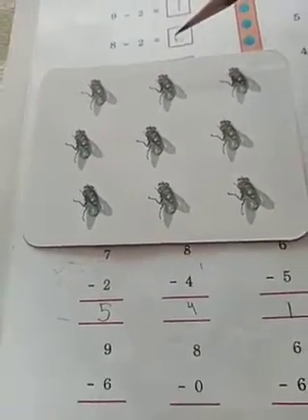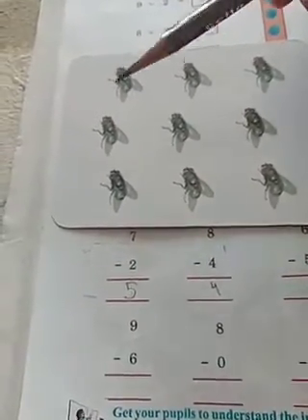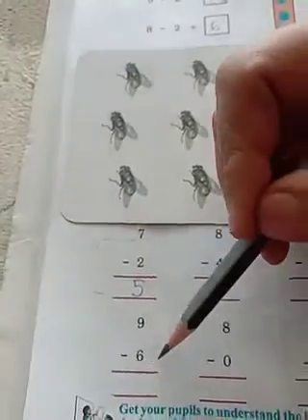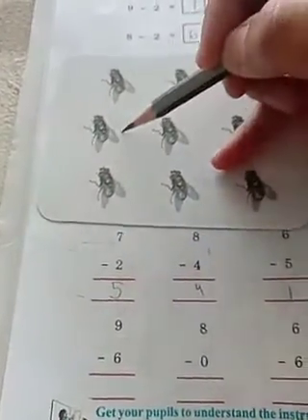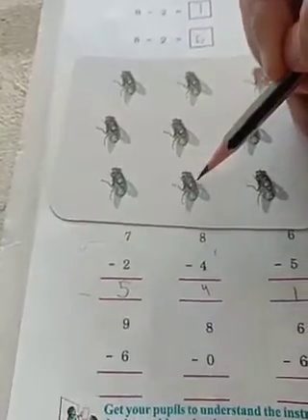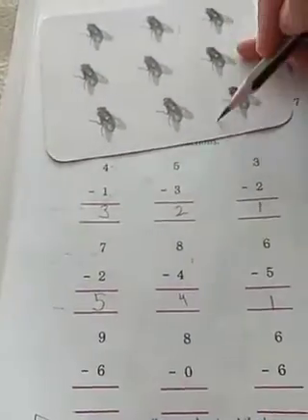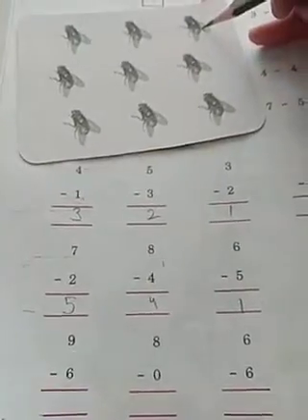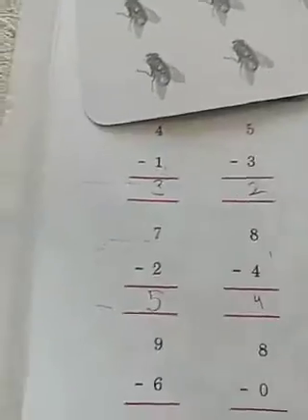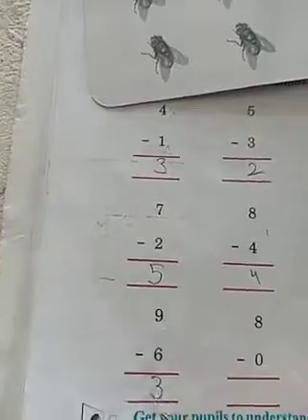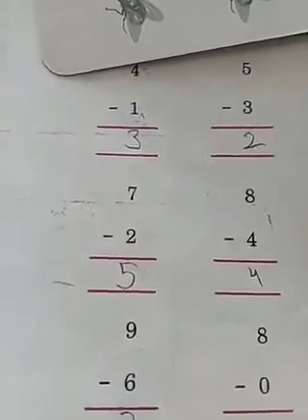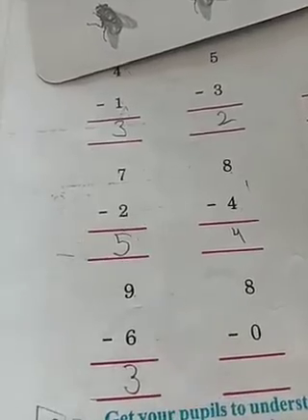In these 9 pictures, 6 will be subtracted: 1, 2, 3, 4, 5, 6. So how many remain? 1, 2, 3. So 3 remain. 9 minus 6 equals 3.